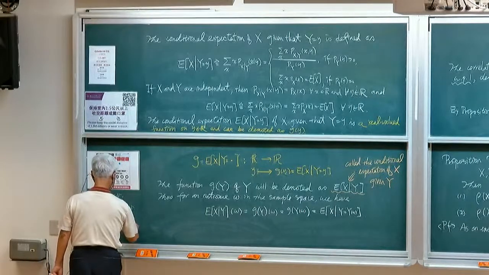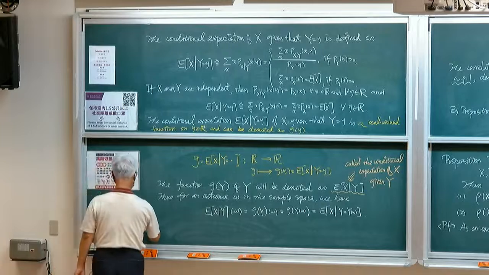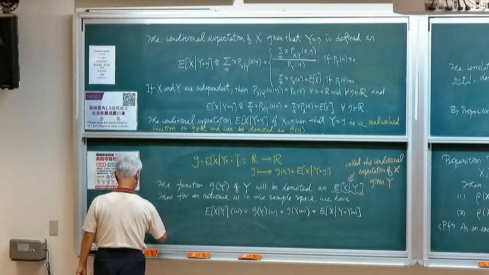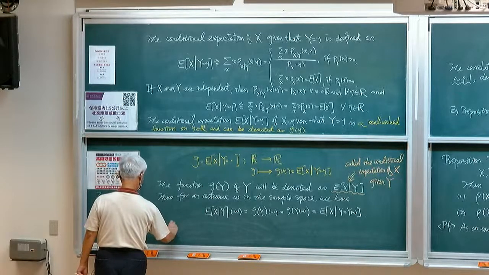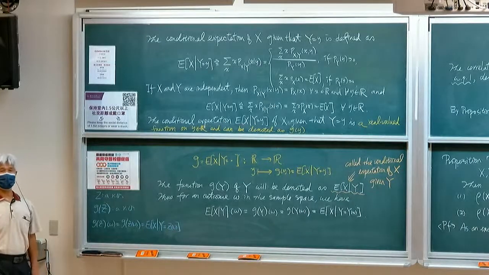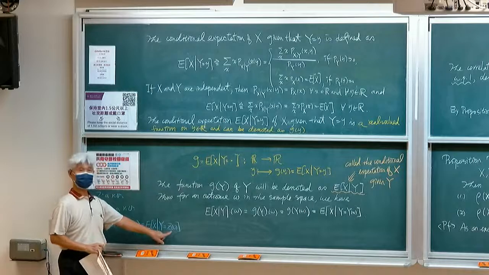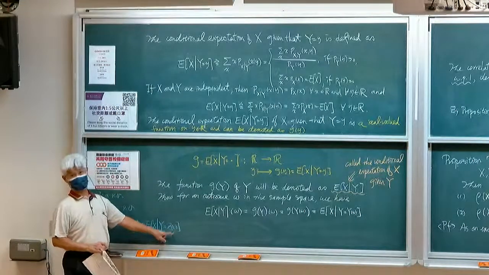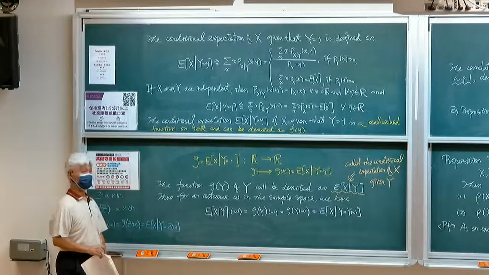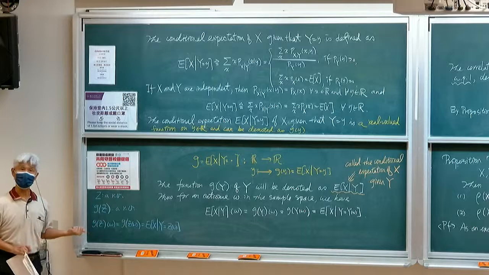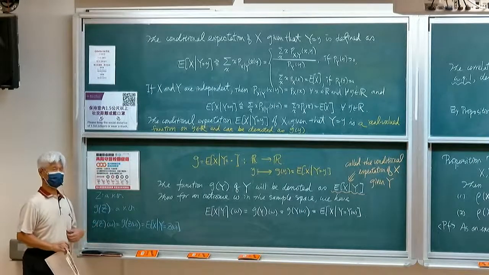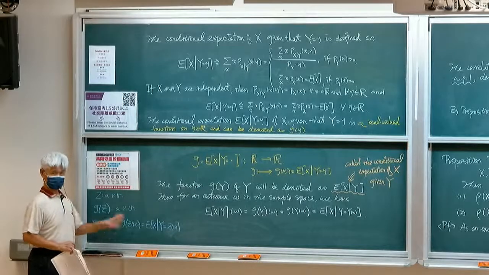If you apply it to Z, then its value at an outcome omega is this value. So the little y is determined by the random value of Z. And then it will involve three random variables, X, Y, Z. Then you will ask yourself, is that a good one to solve your question?